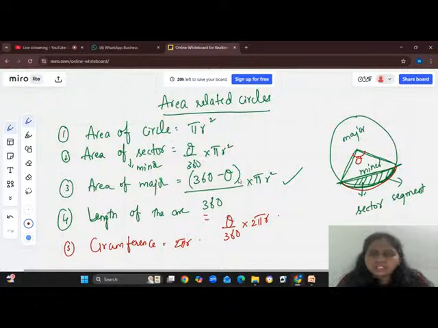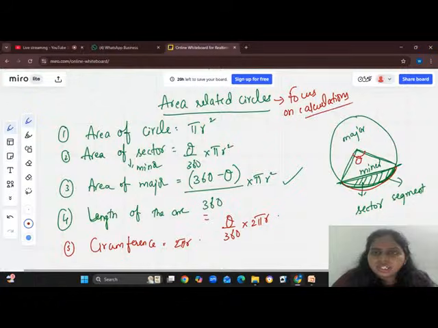Most of the questions are word problems, and you directly put in this formula and calculate. In area related to circles, you have to focus on calculations. If the question tells you to take pi equal to 3.14, don't write 22 by 7.